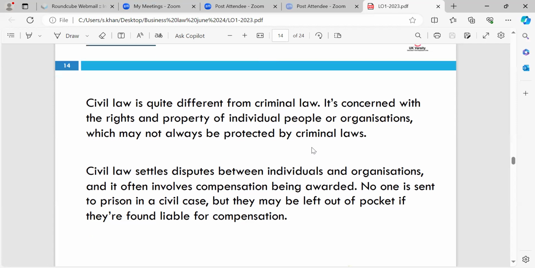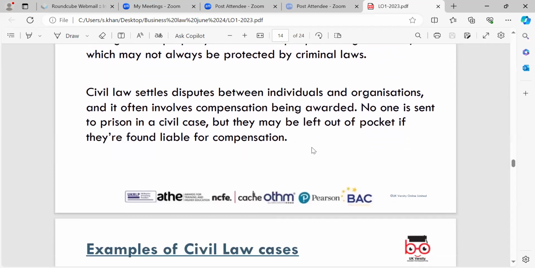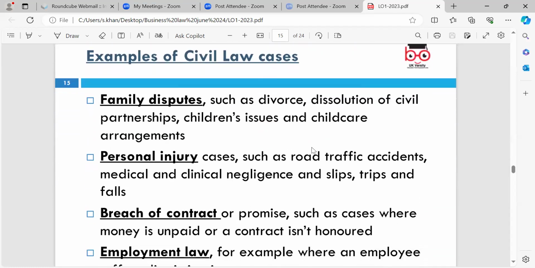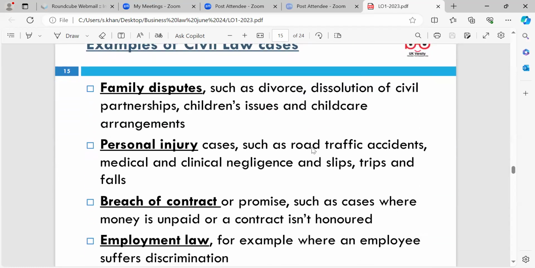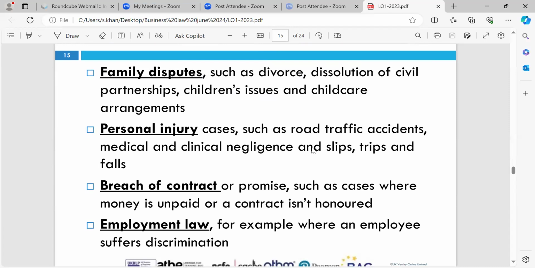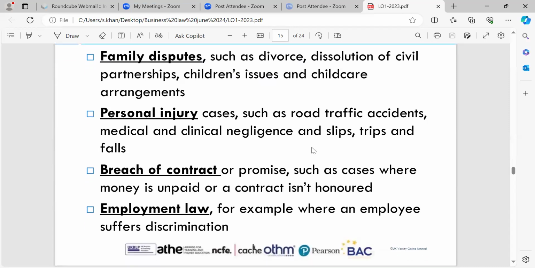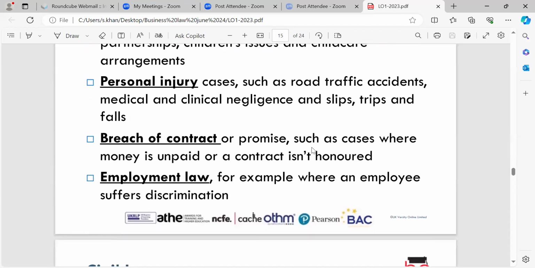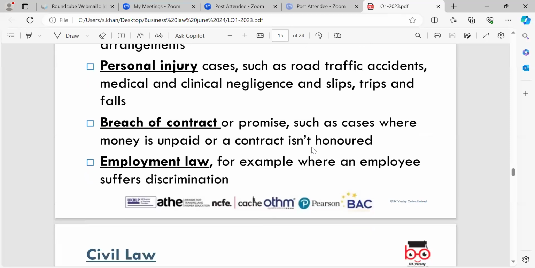There are different types of civil law cases: family disputes, personal injury cases. Family law disputes could be things like divorce, dissolution of civil partnerships; personal injury, such as road traffic; breach of contract, such as cases where money is unpaid or a contract isn't honoured; employment law, for example, where employees suffer discrimination.